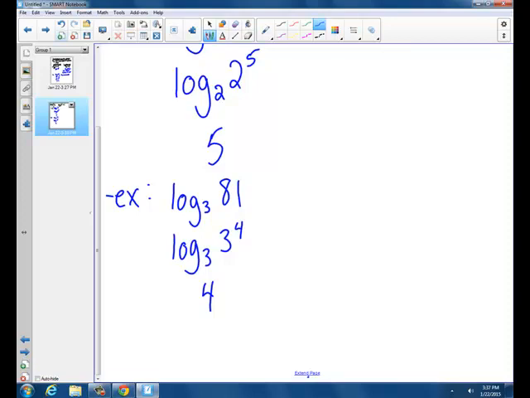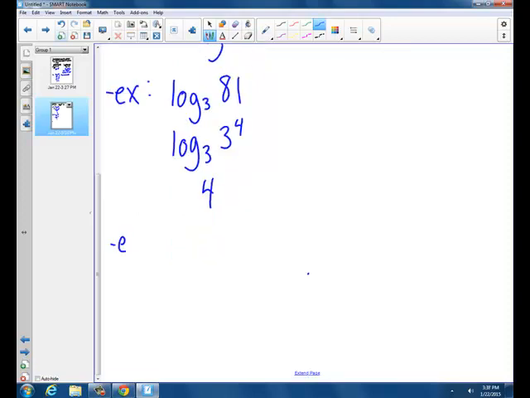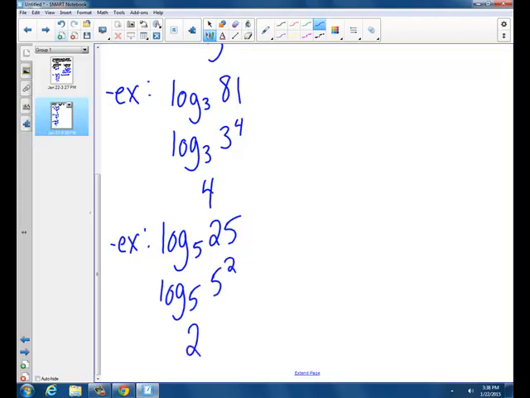Let's do one more simple one. Log base 5 of 25. Hopefully you're starting to get the hang of this, and you can just look at that and know that's going to be 2, because 25 is 5 squared. So log base 5 drops out, and I'm just left with my exponent of 2.